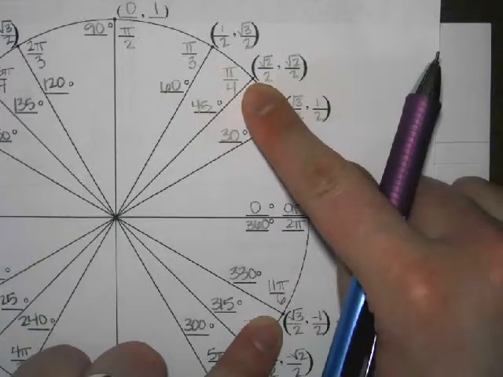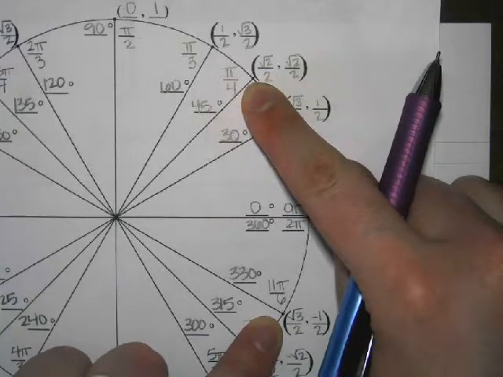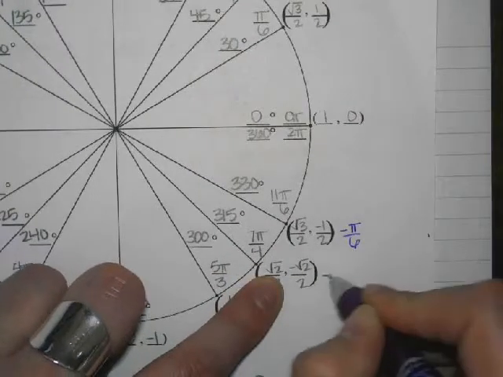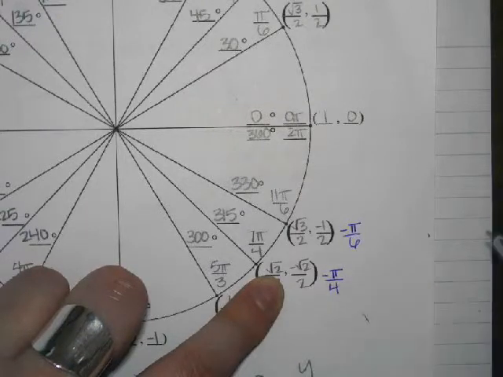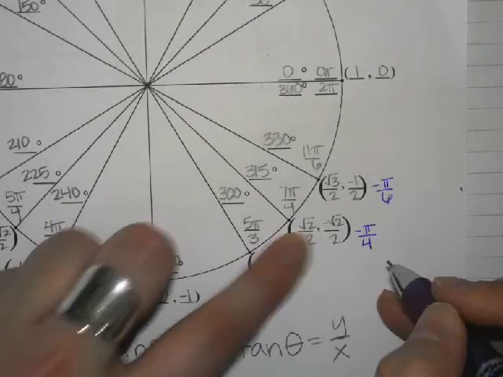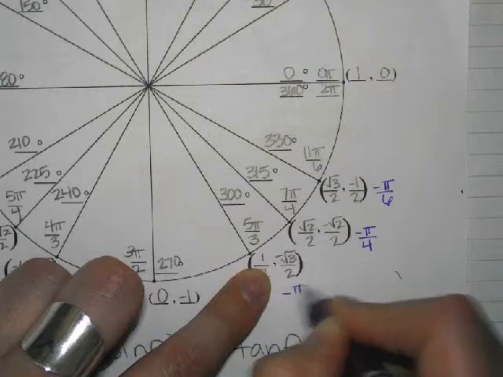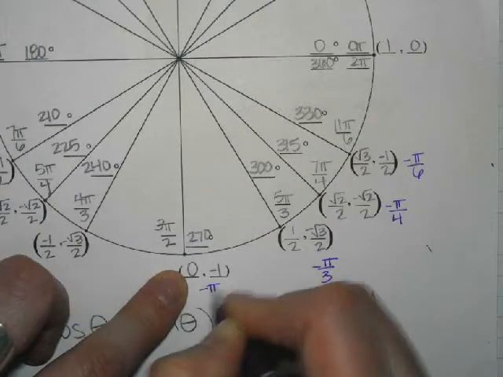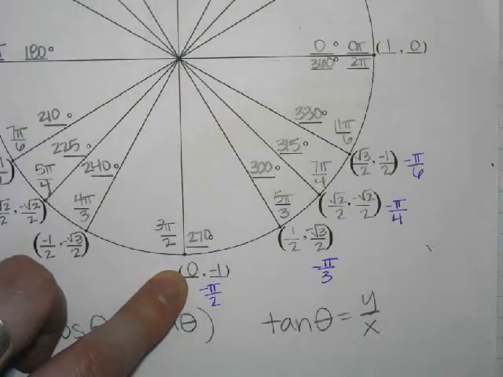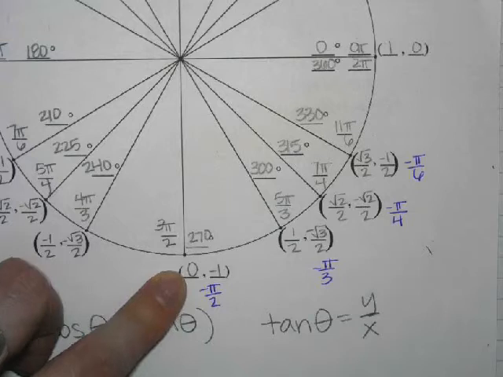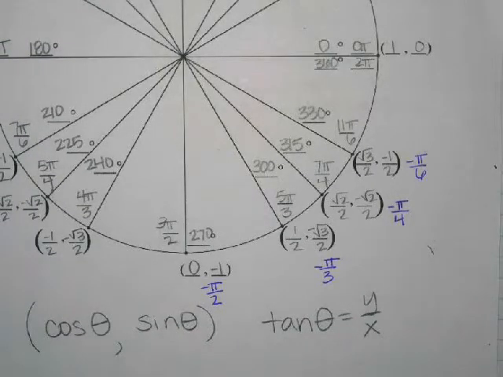If up here is positive pi over 4, then right down here would be negative pi over 4. And then this one would be negative pi over 3. And this one would be negative pi over 2. So we are going to use those quadrants specifically when we're looking for inverse trig functions, okay?